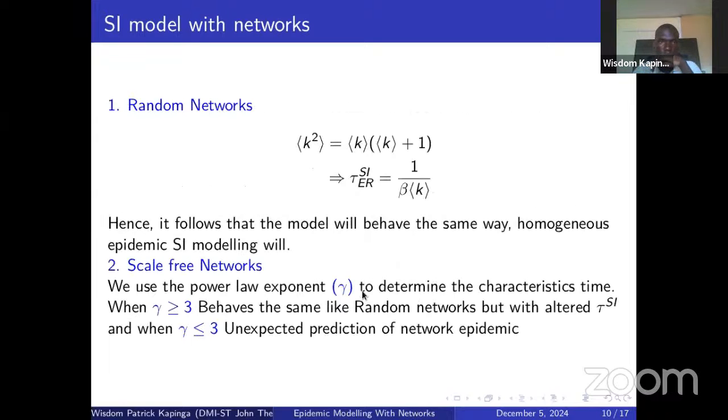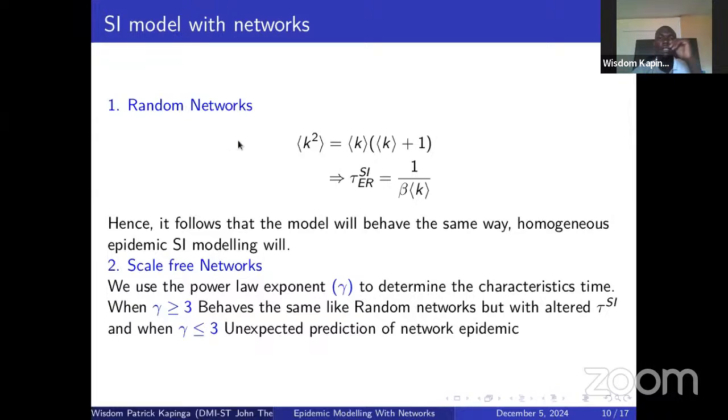Now, when we are looking at the SI model with networks, we also have to look at the nature of the networks that we have. Basically, there are two of them. The first one is random networks.